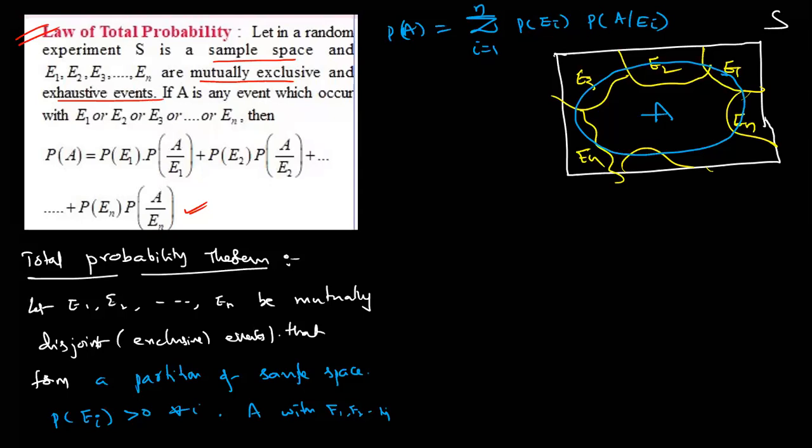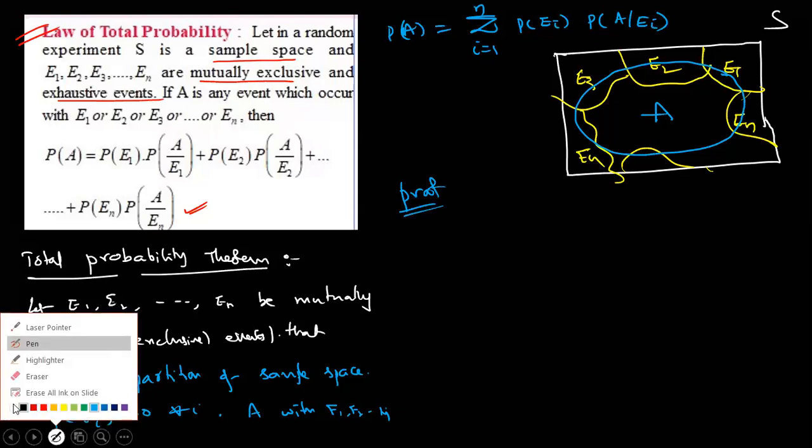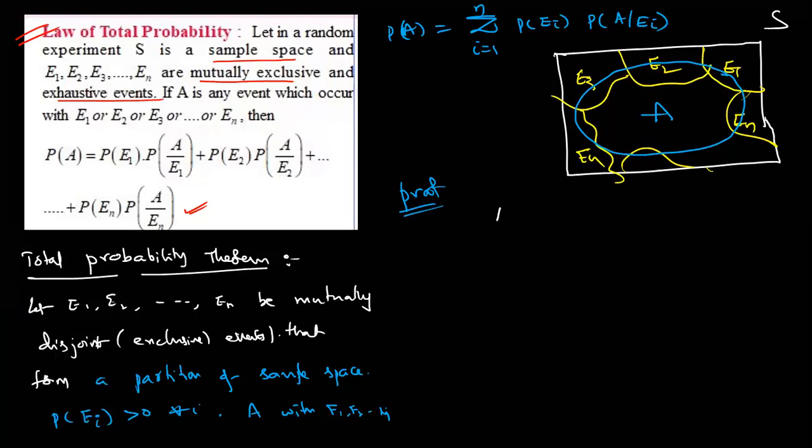Let us see how to solve this one. Dear students, carefully, the proof. A is a subset of S, so I can write A equals A intersection S. What is S? Since E1, E2 and so on, En are exhaustive events, their union is S, so S equals E1 union E2 and so on, union En.